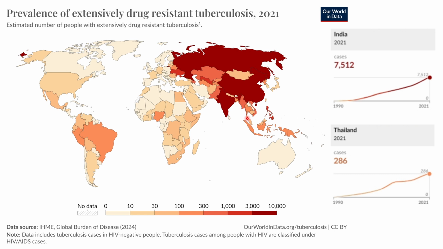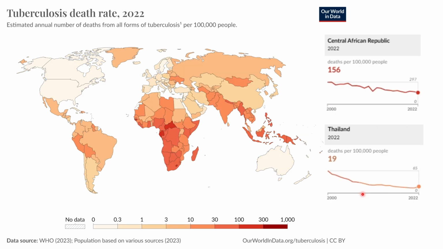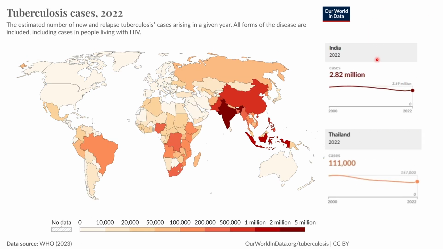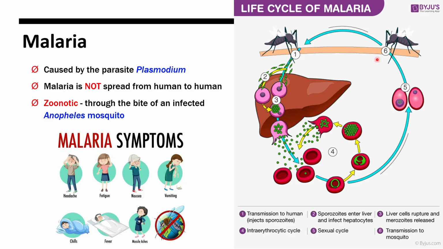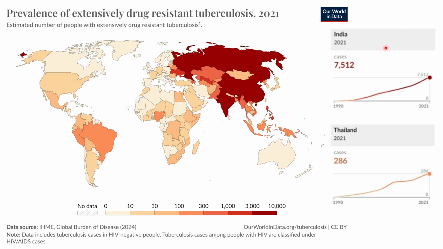And the highest number of drug-resistant tuberculosis is recorded from India. And you can see it keeps increasing. You can see here the normal tuberculosis is in decline. But if you see the drug-resistant tuberculosis cases, it keeps increasing, it's not declining. So this has become a serious issue.